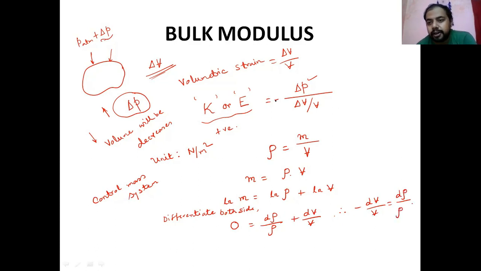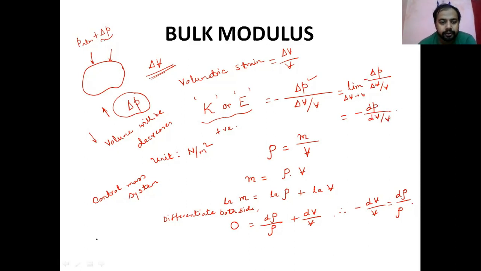In terms of limiting terms, it can be written in this way also, dP dV by V. So hence we are doing this.